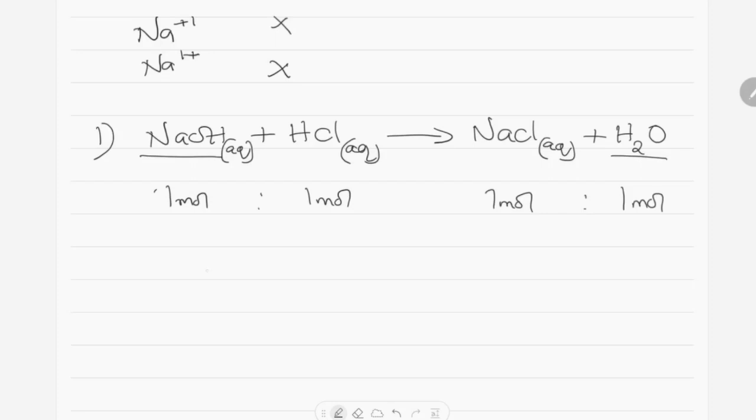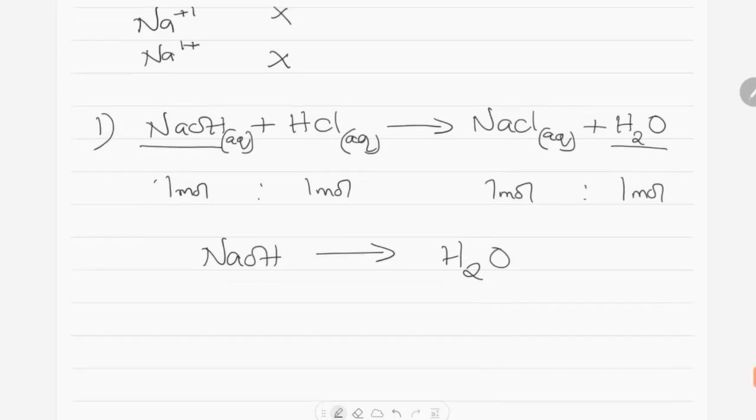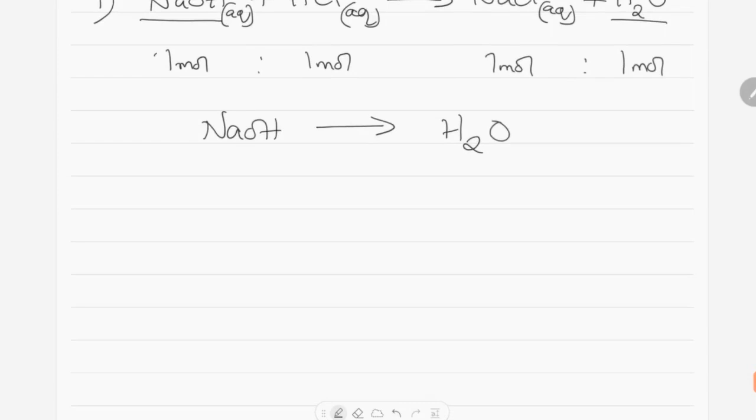So in this case, we'll say sodium hydroxide to water. That will be our concentration, because the question comes from there. We are looking for the mass of water, and we've been given the mass of sodium hydroxide. So pick out the substance asked in the question and start solving.